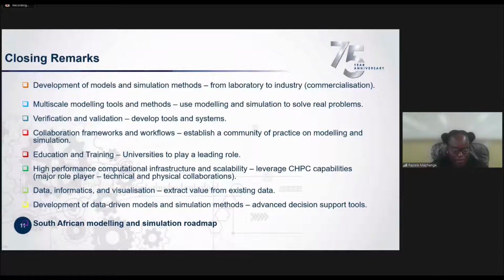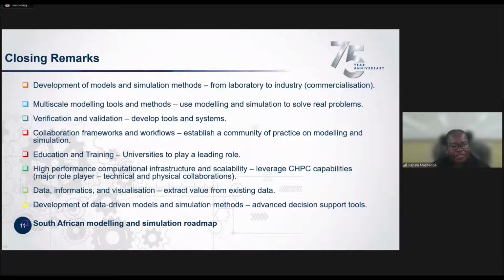And in terms of multi-scale modeling tools and methods, we intend to raise awareness that modeling and simulation can be used to solve real problems.